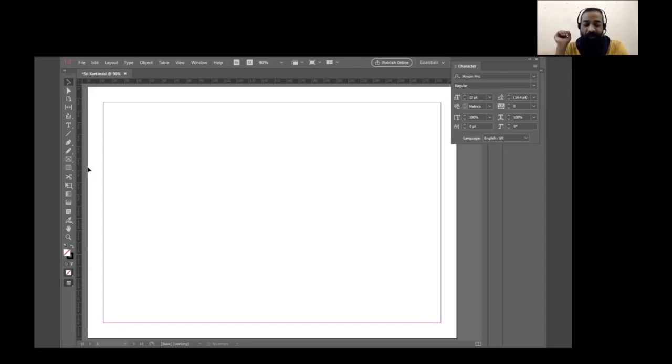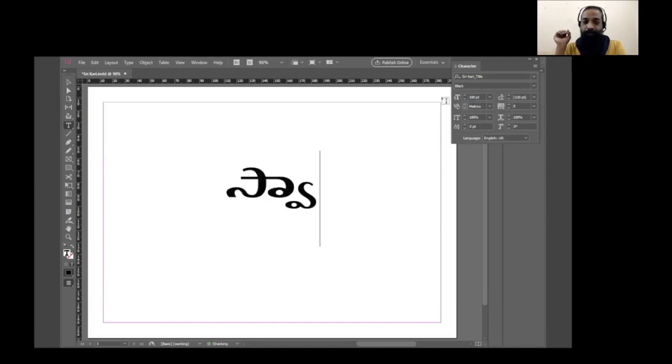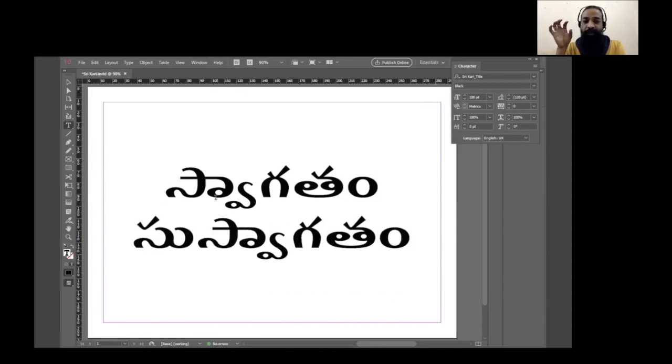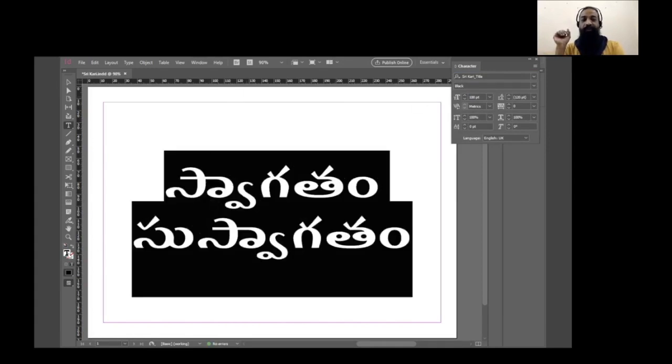Now I'm showing one of the ways of typesetting Sri-Kari. Swagatam means welcome. Suswagatam means heartiest welcome.